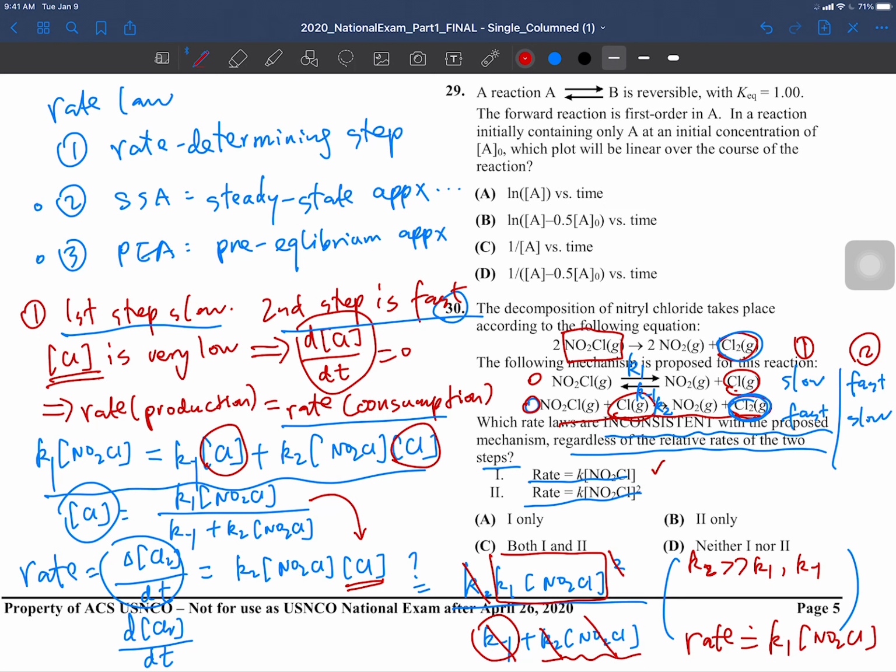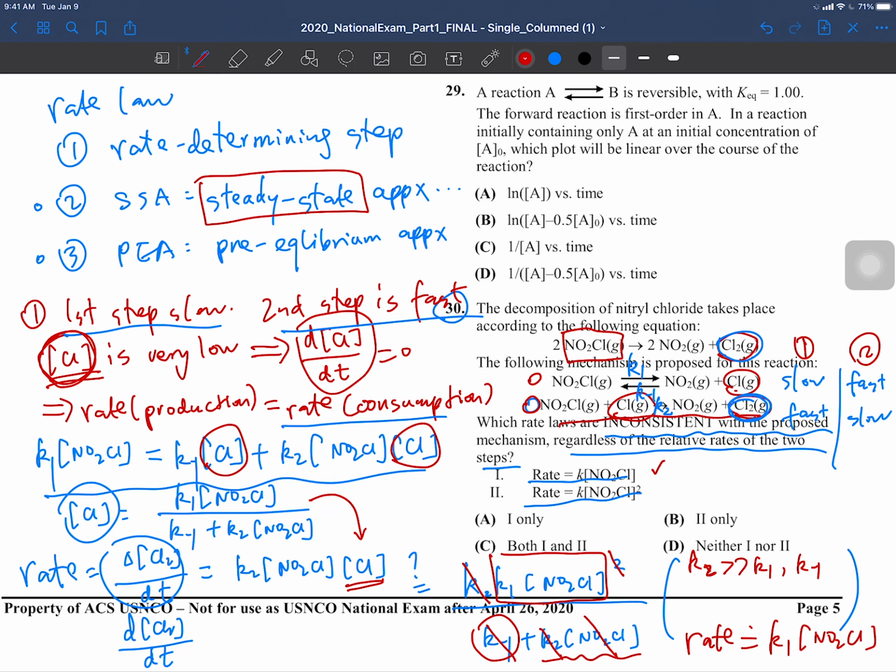So what is the approximation we used here, guys? It's called steady state approximation. Which stuff is at steady state? Is the intermediate. The intermediate is at steady state.